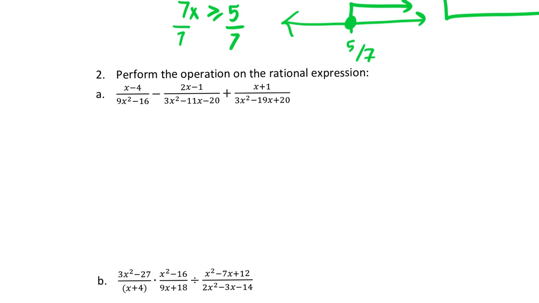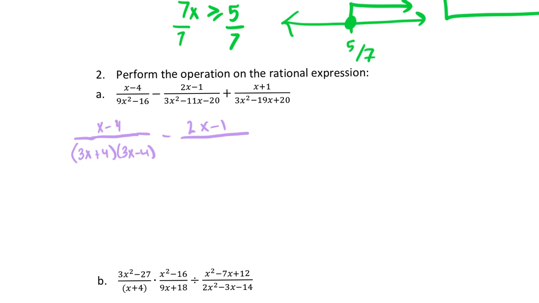So starting with the first fraction, we have 9x squared minus 16. It's a difference of squares, so I have 3x plus 4 and 3x minus 4. The second fraction, the factoring is a little bit more difficult.